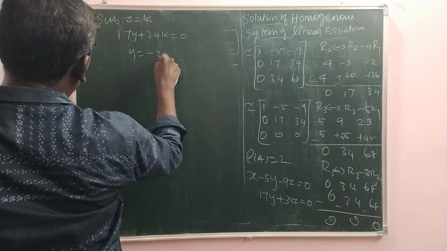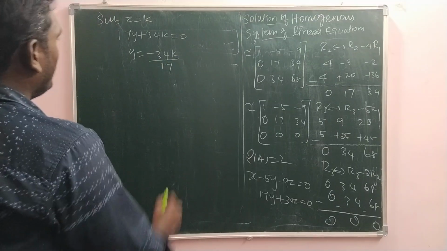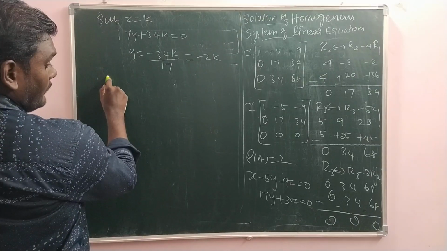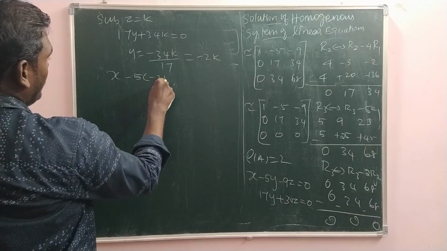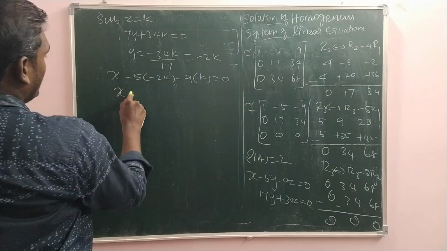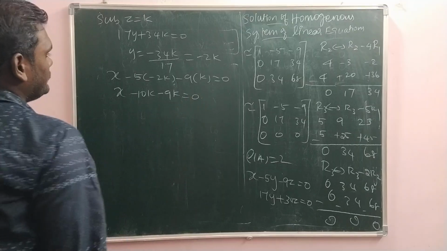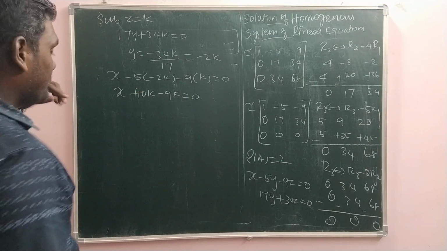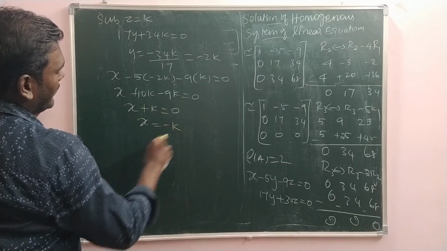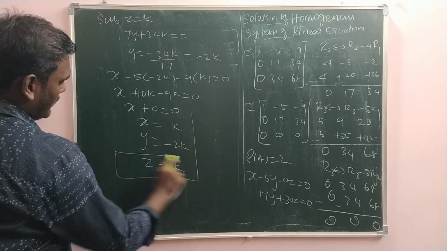Then y is equal to -34k by 17, which gives -2k. Now the x value: x minus 5 into -2k minus 9 into k is equal to 0. x plus 10k minus 9k is equal to 0, so x plus k is equal to 0. We get x is equal to -k, y is -2k, z is equal to k. This is the solution that we look for.